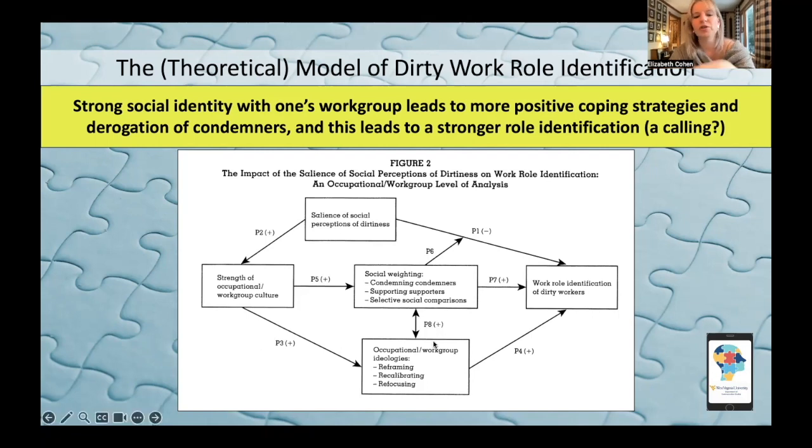So there are all these strategies that you can read about in terms of the sense making that they do, but importantly, as a group in the work culture, to buffer themselves against the harmful messages that could damage their self-esteem. Remember, this is the main motivator for having these social identities. And that ultimately is the outcome that the authors are talking about: work role identification of dirty workers.